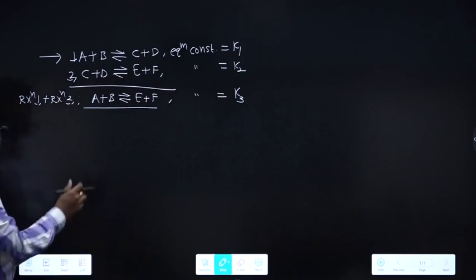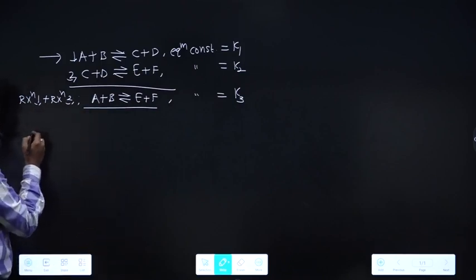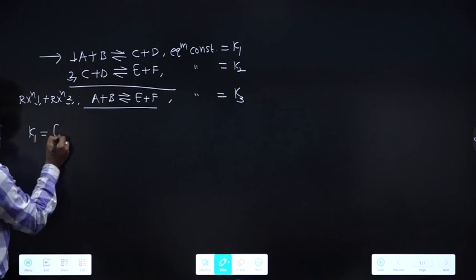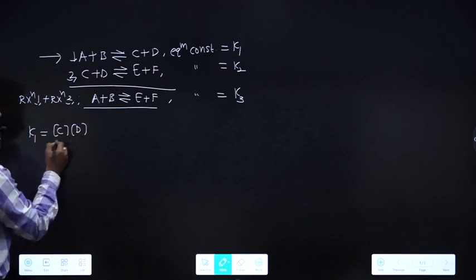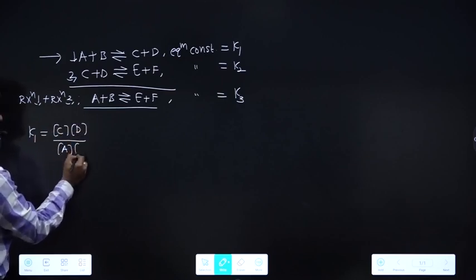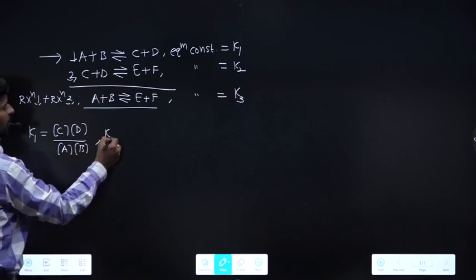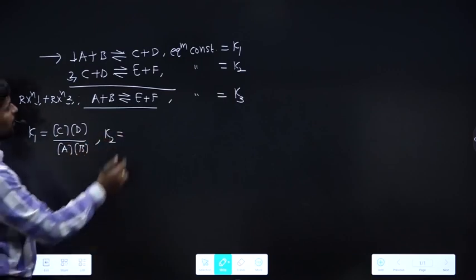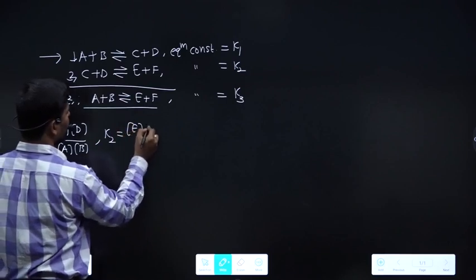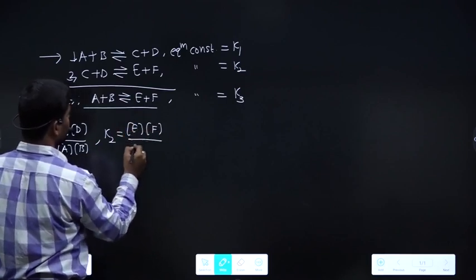How do we get that? If you write the expression for K1, it is CD by AB. The expression for K2 is EF by CD.